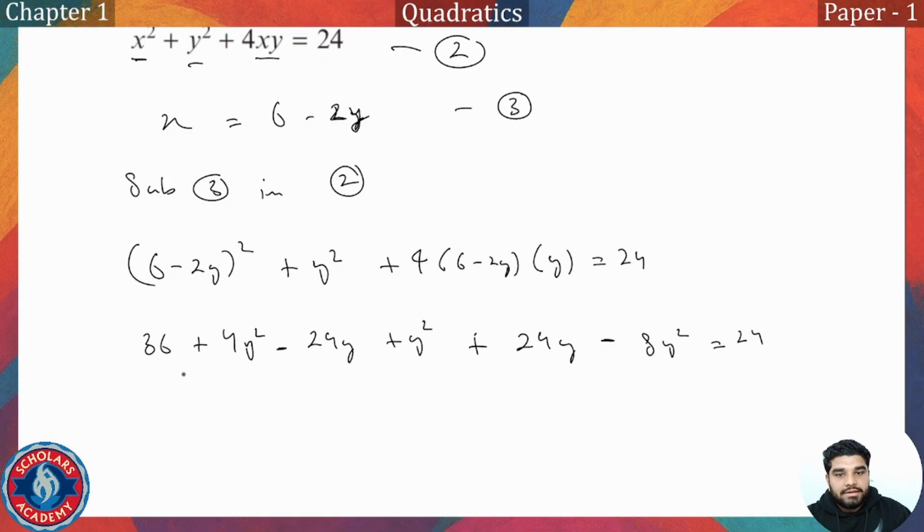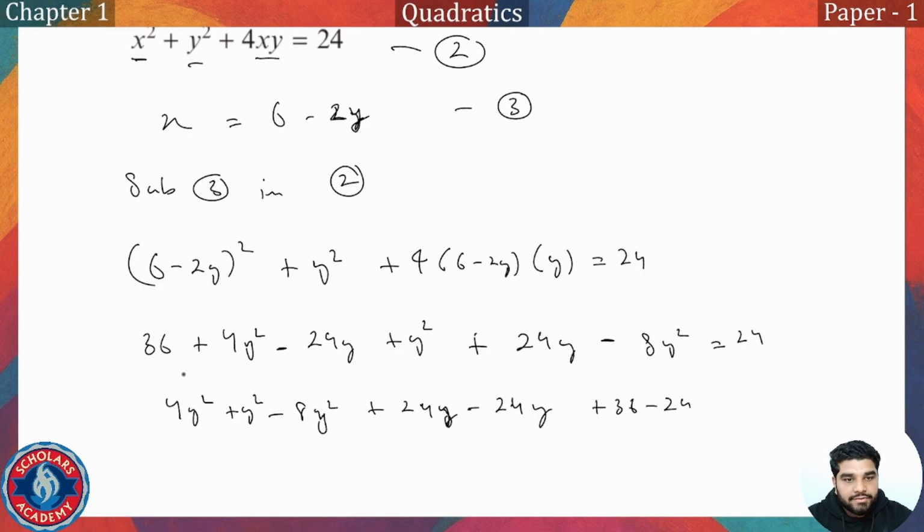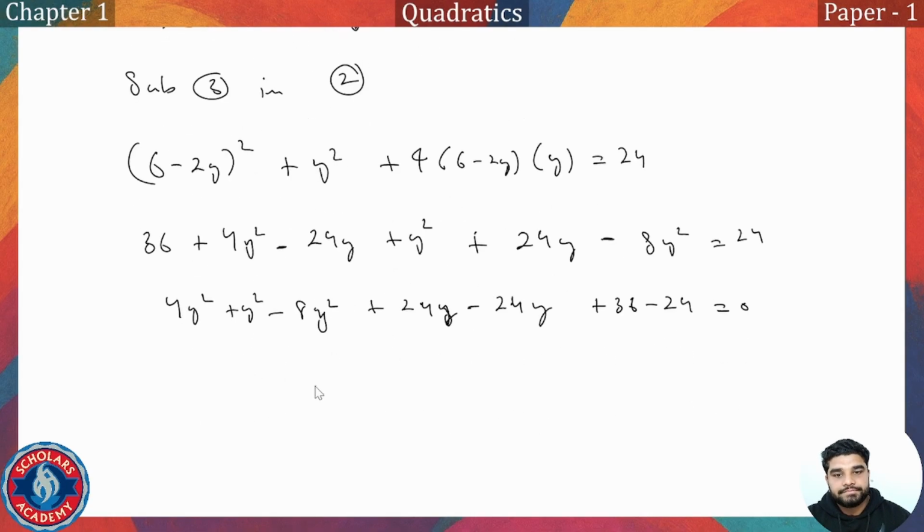All right, let's bring everything to one side, and we get 4y square plus y square minus 8y square and plus of 24y and minus of 24y and plus of 36 minus of 24 is equal to 0.